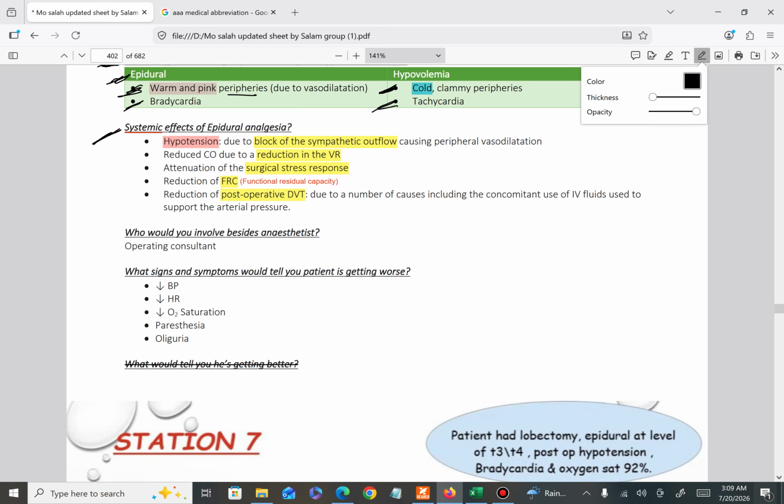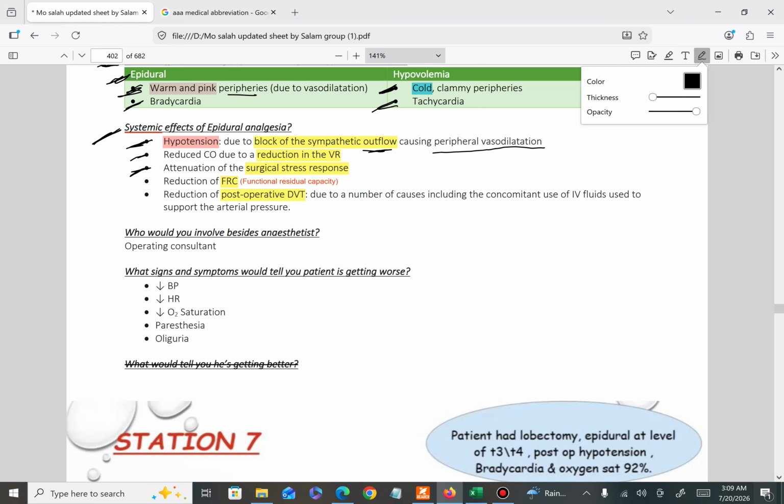Then the systemic effects of epidural analgesia. So, systemic effects of epidural analgesia include hypotension due to block of the sympathetic outflow causing peripheral vasodilation. Then reduced cardiac output due to reduction in the venous return.